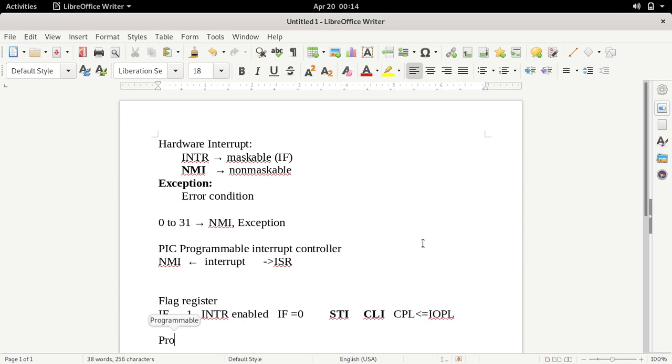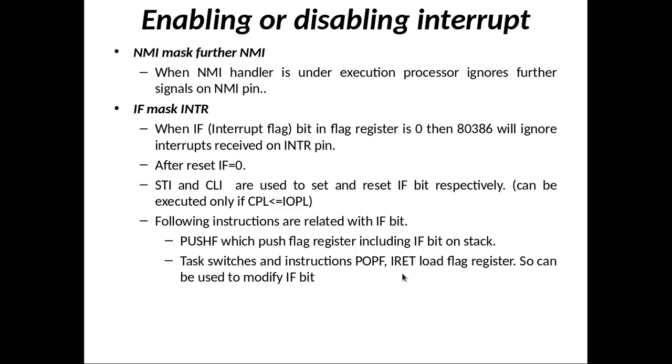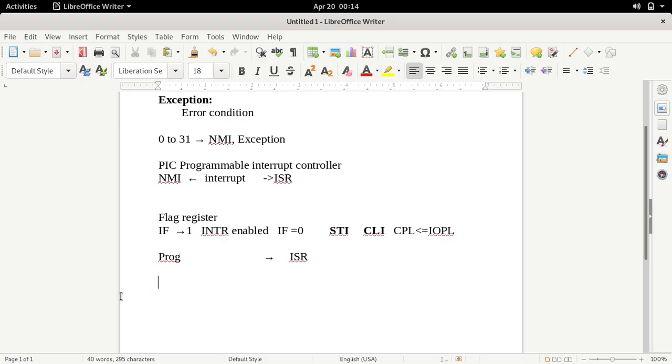When an interrupt occurs, suppose this is one program under execution, and during its execution some interrupt occurs. We know that control should go to the ISR. But before transferring control from this program to the ISR, the 80386 will save something on the stack. We are going to discuss this point later on, but just to explain IRET, I will explain this point in short.